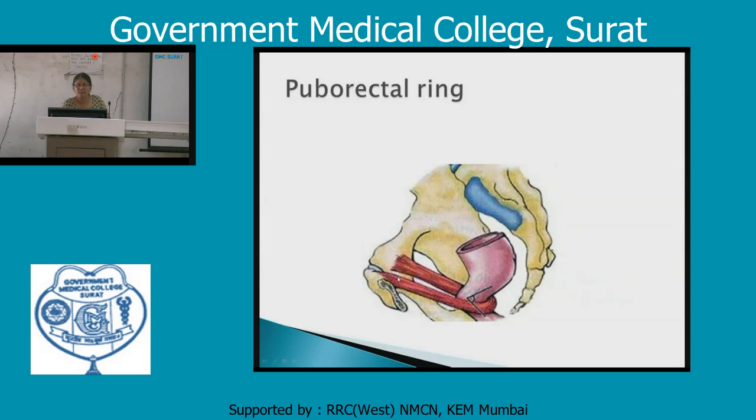This anorectal ring maintains the perineal curvature, and from here it continues as anal canal, which is directed downward and backward. And this is an angle, almost a 90-degree angle.